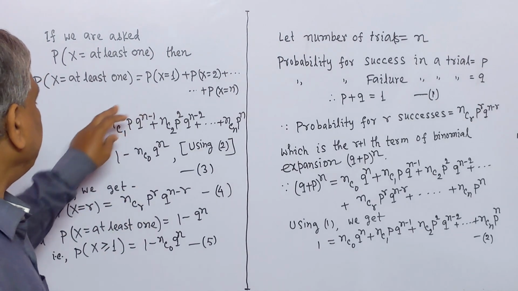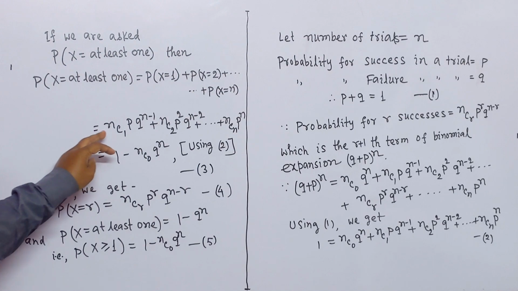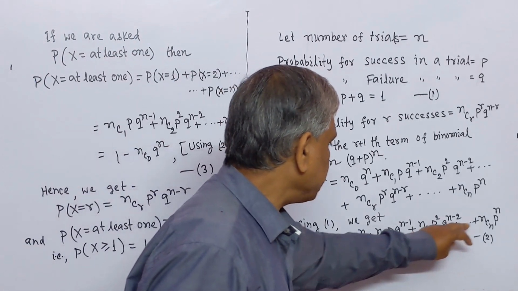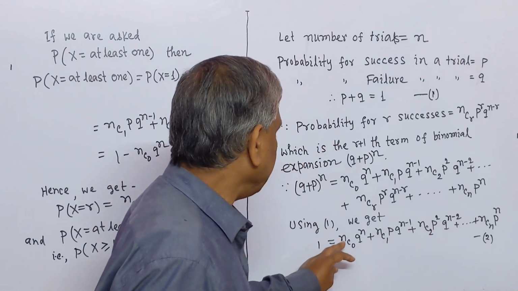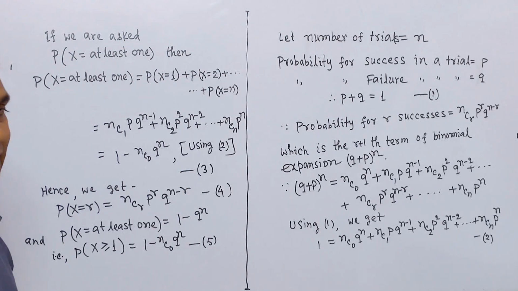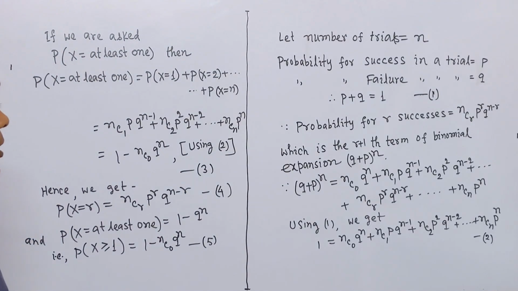And in this way we get these terms. And using 2 here, this plus this equal to 1 minus nC0 q to the power n. This is number 3. So we get two results here.